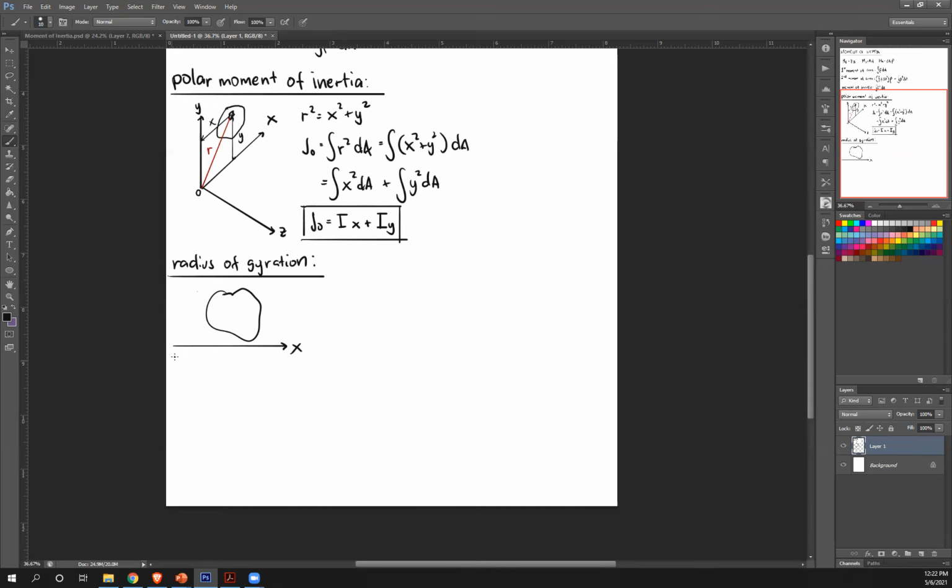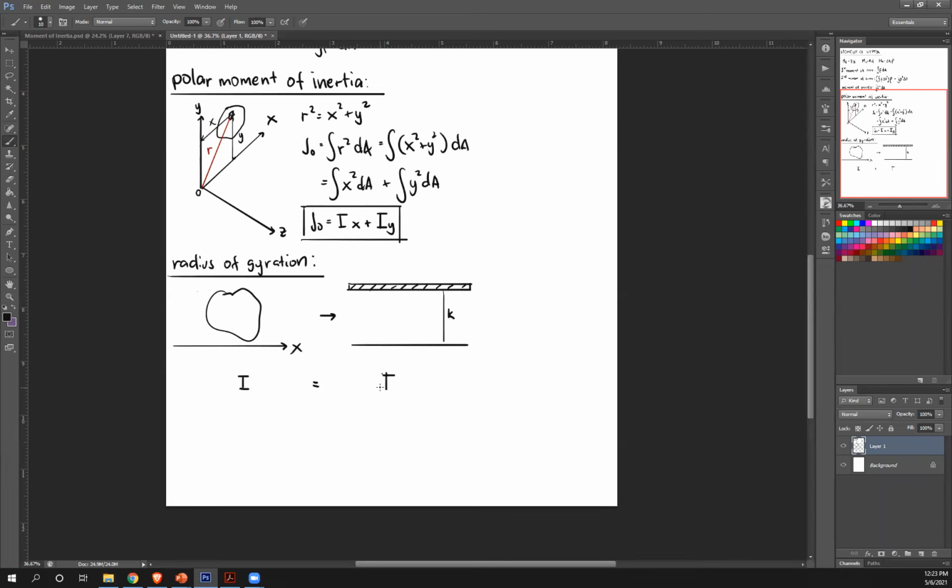It's the distance from the x-axis, wherein this entire shape may be stretched or rather distributed. So this shape becomes this, a very thin strip, and this is your length K. These two shapes have the same moment of inertia. That is your radius of gyration.